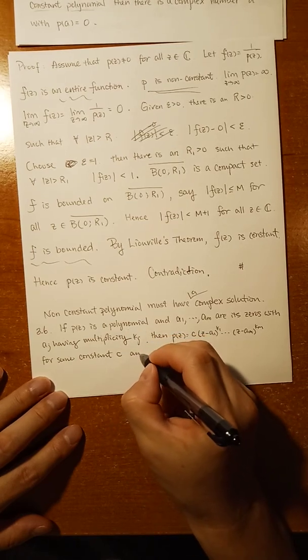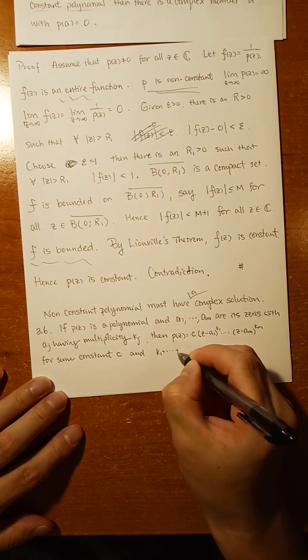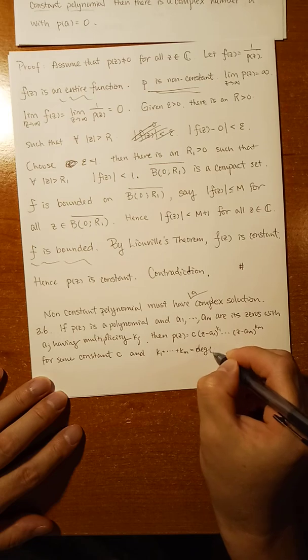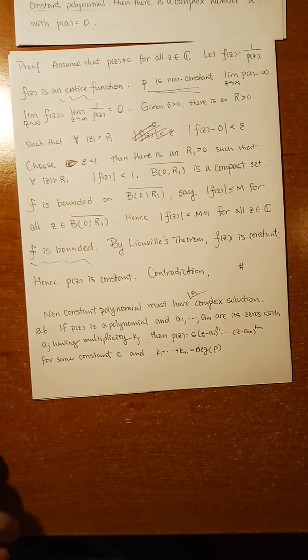And the sum of multiplicities is equal to the degree of p. Okay, so this is the complete factorization.